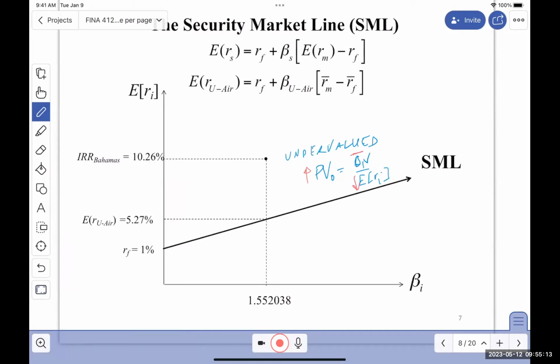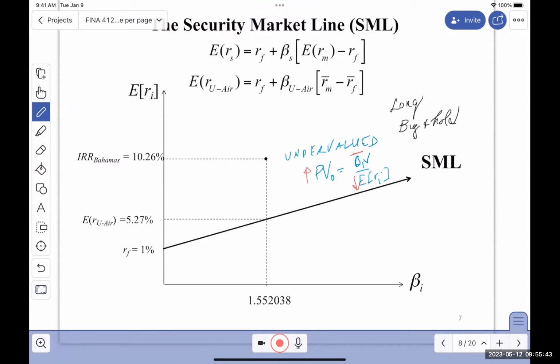The expected return will fall and put us back on the line. So assets above the line are undervalued, and you should go long the assets, which is to buy and hold them and realize the price rise.